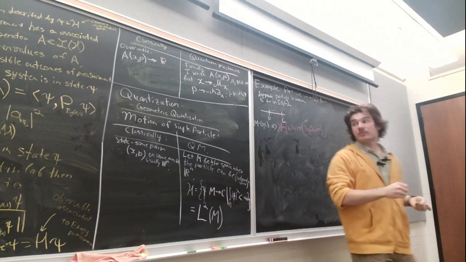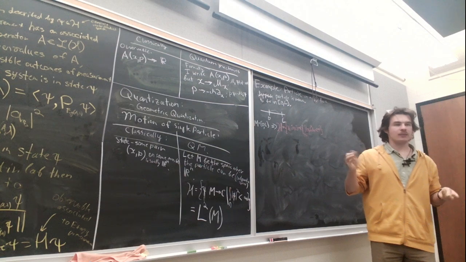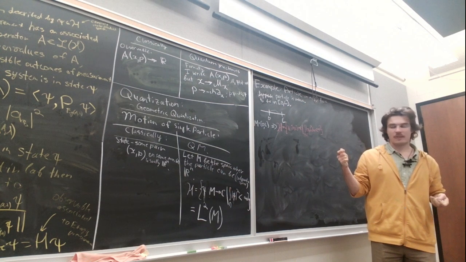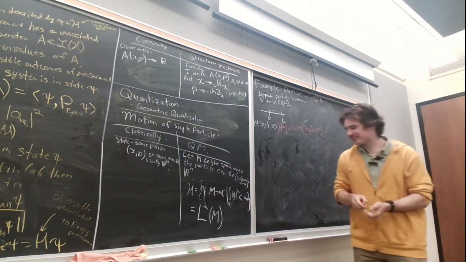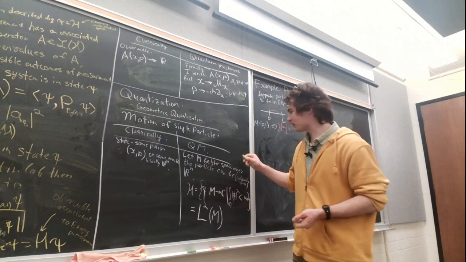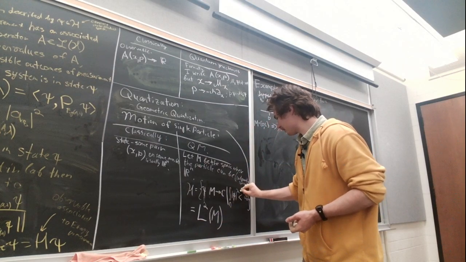Oh, whoops, sorry. I completely forgot to tell you the most important thing. I forgot to tell you what the inner product on my Hilbert space is. Not the dot product. Well, how do you dot functions? So I'll add this over here.